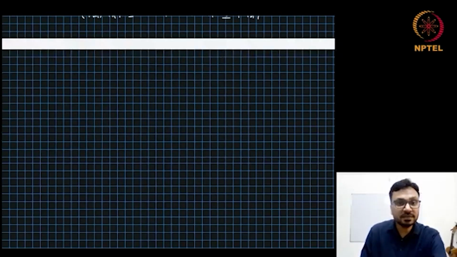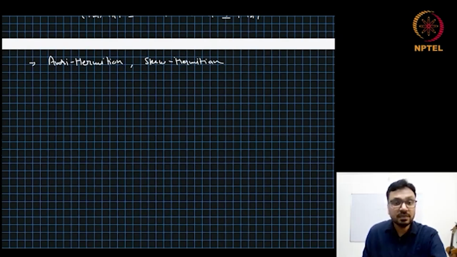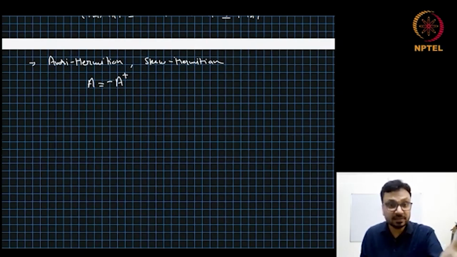Another class of interesting operators is the anti-Hermitian, or skew Hermitian operator. So as the name suggests, if A is an anti-Hermitian operator, then it should be equal to minus A dagger. So it's not equal to its adjoint, but it's the negative of its adjoint.